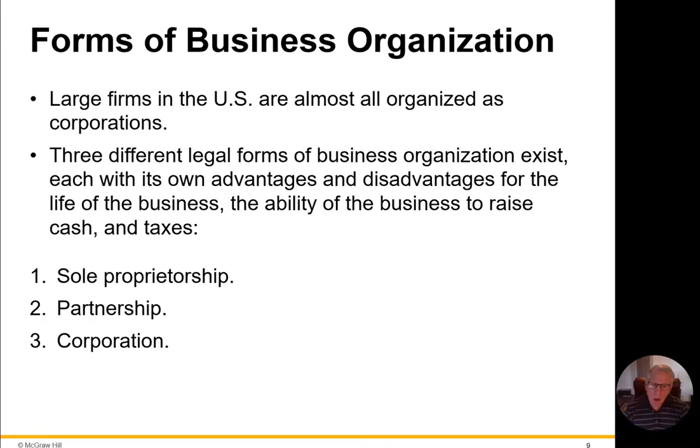However, both Dad and Jim were liable for any and all problems that their business might have created. So if Dad was a structural engineer, for example, and a bridge collapsed, he would be solely responsible for that. And if Dad couldn't pay, Jim would have to step in and pay, called joint and several liability. And so that is the disadvantage of a partnership. The other disadvantage is it doesn't have unlimited life. Both Dad and Jim have passed away, so there's no more Bull and Wilson.